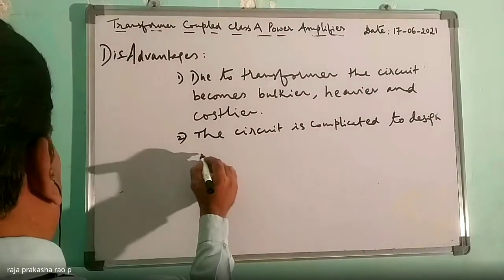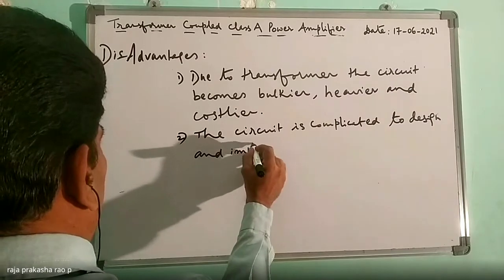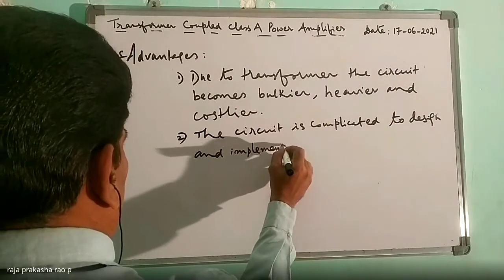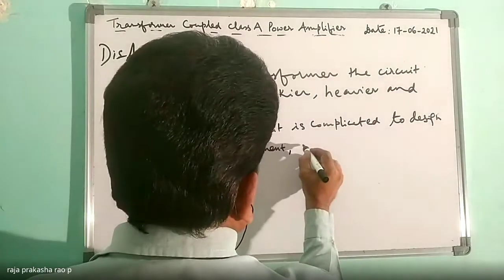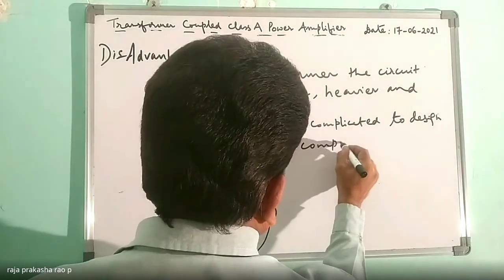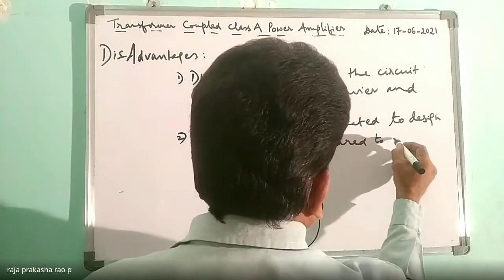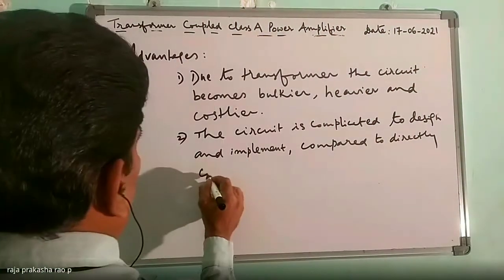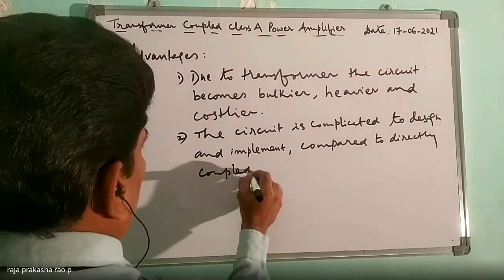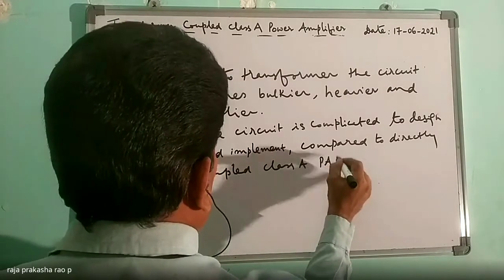To design and implement is very complicated compared to the directly coupled class A power amplifier.